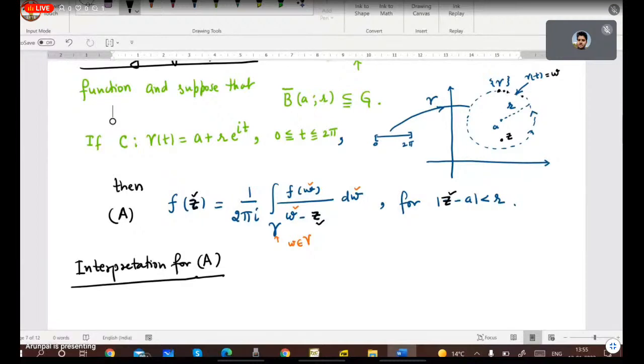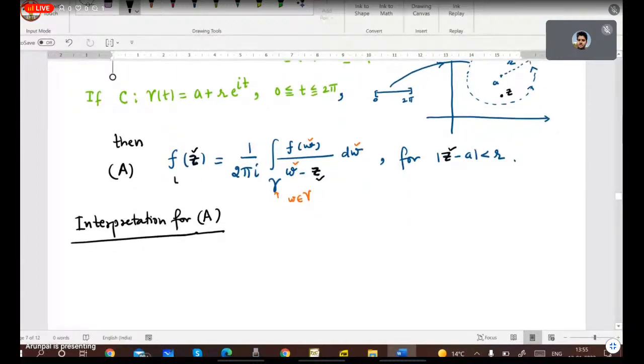Now let us start interpreting this formula. I call this the left hand side of the formula and this the right hand side.